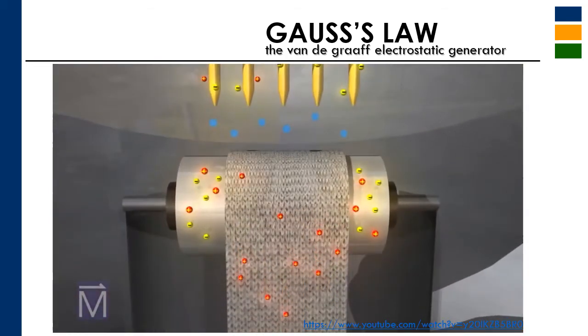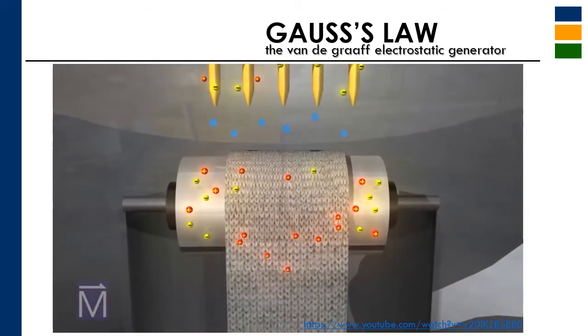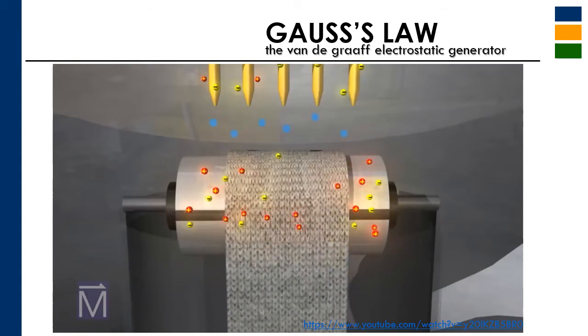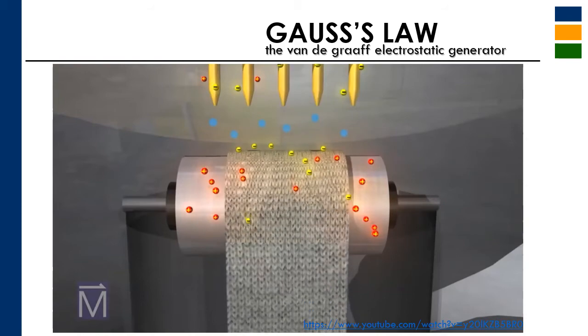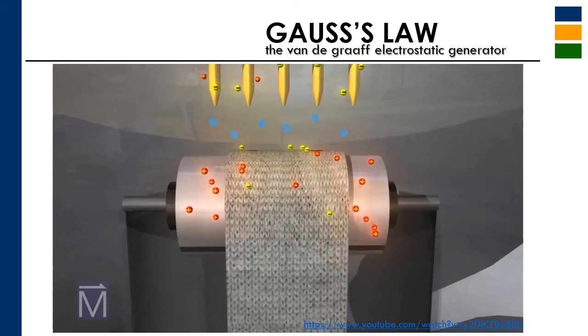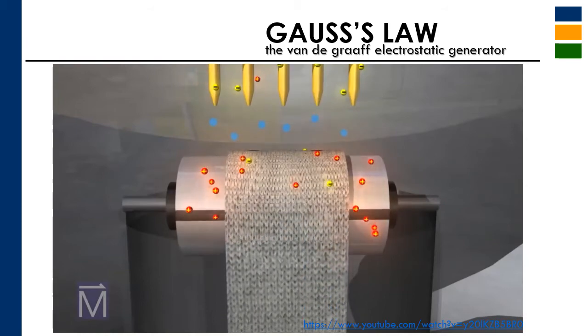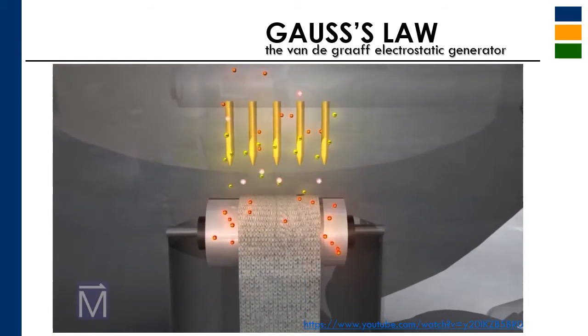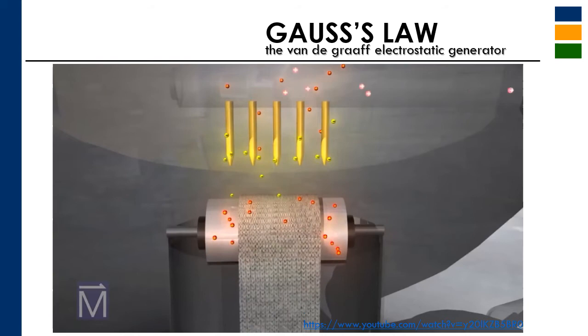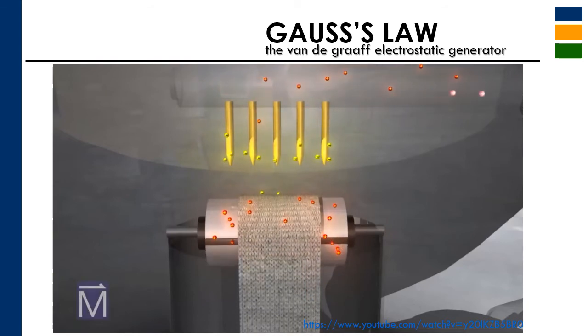As the positively charged belt rubs against it, electrons move from the aluminum to the belt, giving the roller a positive charge. This positively charged roller attracts electrons to the tips of the comb, creating another electric field that, once again, strips electrons from the air molecules that are inside it, but this time toward the positive roller.